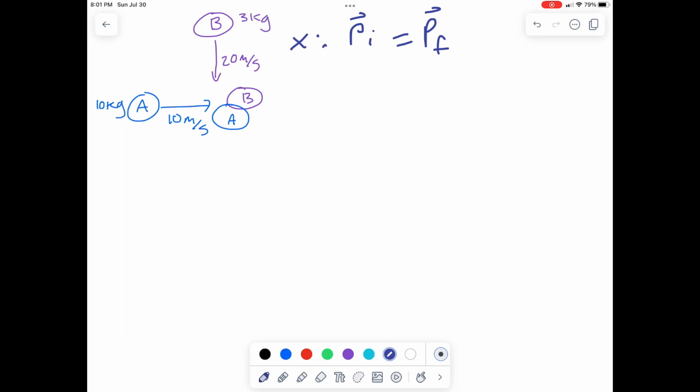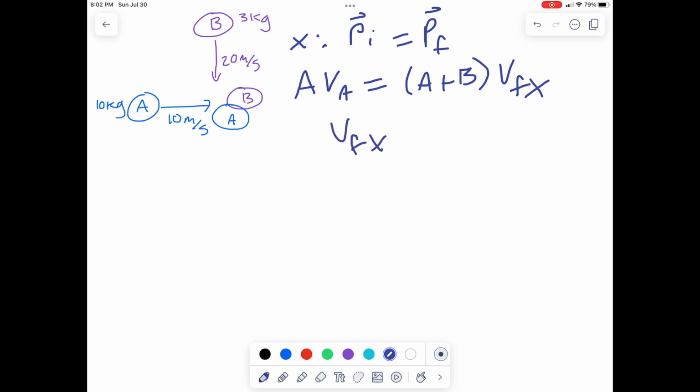So that would leave me with the mass of A times its velocity equal to my mass after they collide, which is just A plus B, times its velocity in the x dimension. So then I'm left with my velocity in the x dimension being equal to my mass of A times its velocity.